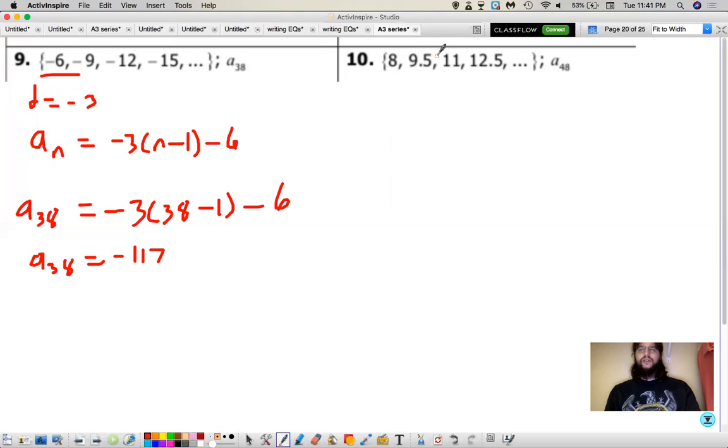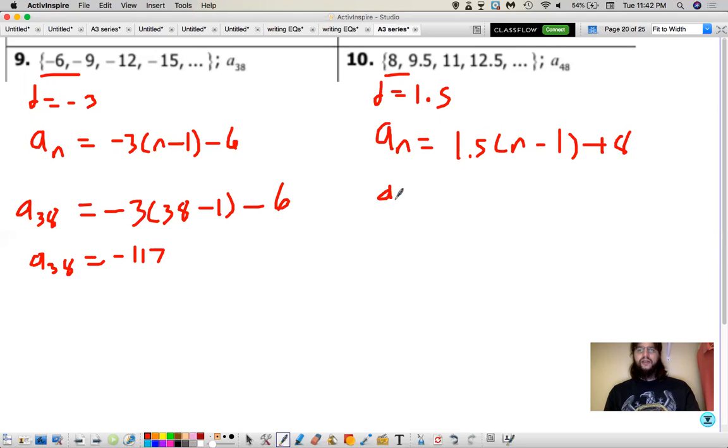Oh no, so it should be a common difference. So 9.5 minus 8 is 1.5, 11 minus 9.5 is 1.5. Use a calculator if you don't see it. It's 1.5, starting at 8. So our explicit formula would then be 1.5 times n minus 1 plus 8.